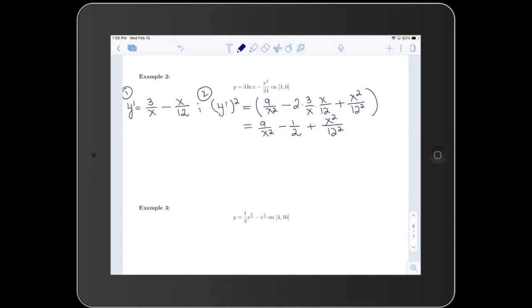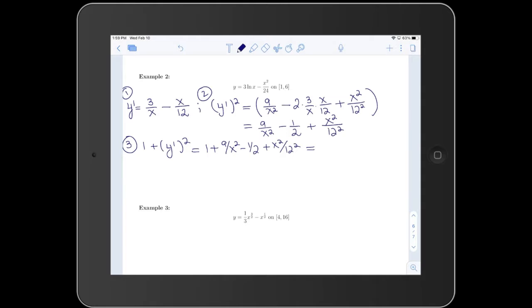Step 1, step 2 is done. Step 3 is adding 1 to this expression. I'm just following the formula, right? So 1 plus y prime squared would be then 1 plus 9 over x squared minus 1/2 plus x squared over 12 squared. And again, we get 1 minus 1/2.